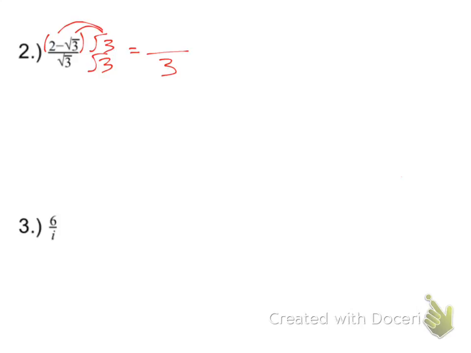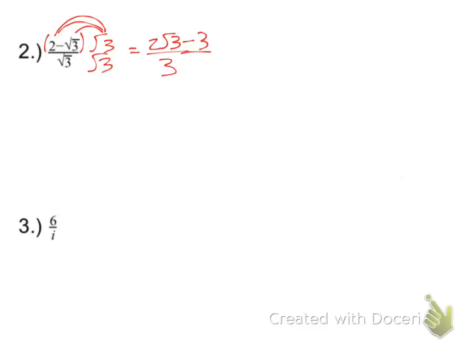Now, you have to ask yourself, square root of 3 times 2? No. It's 2 square root of 3, minus a negative, okay, a negative square root of 3 times a positive square root of 3. It's a negative 3.